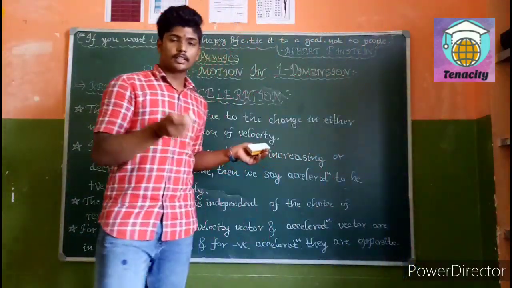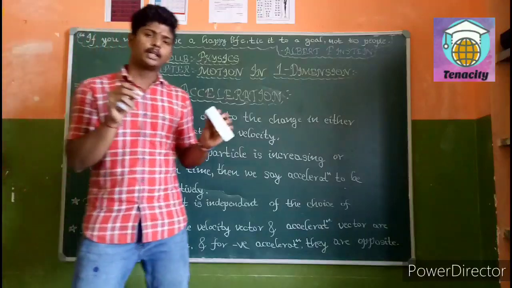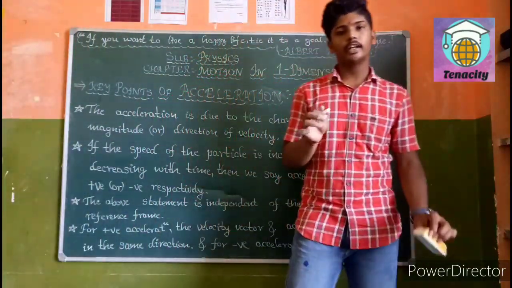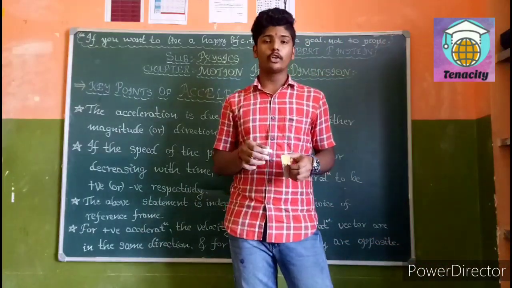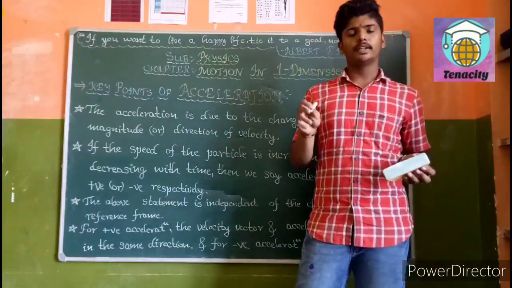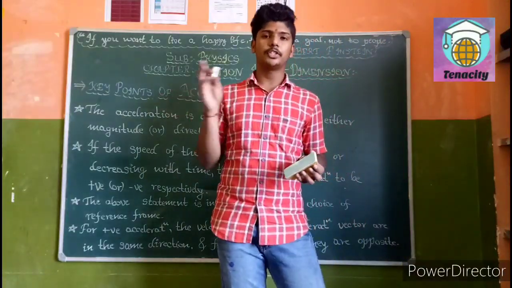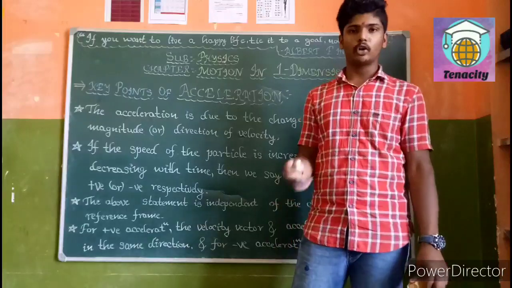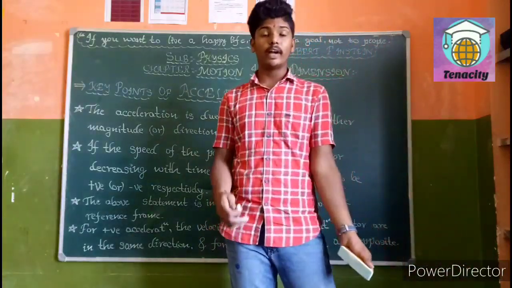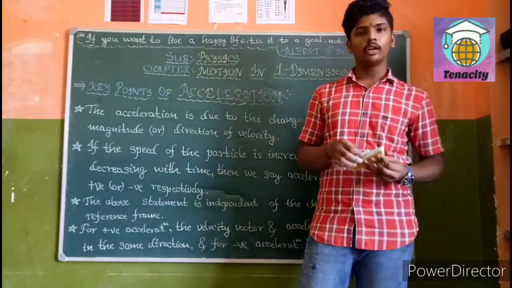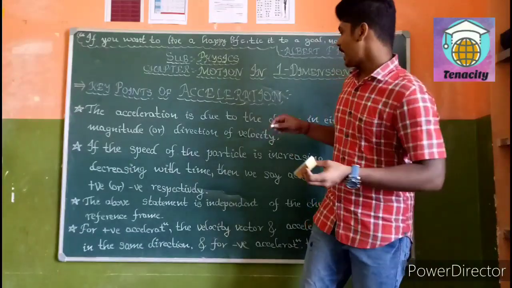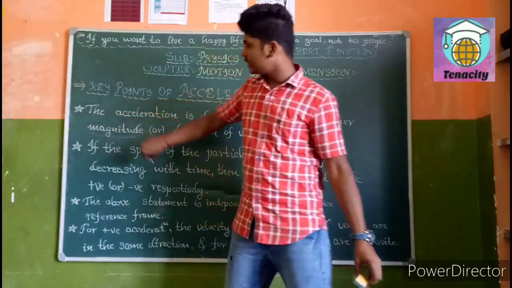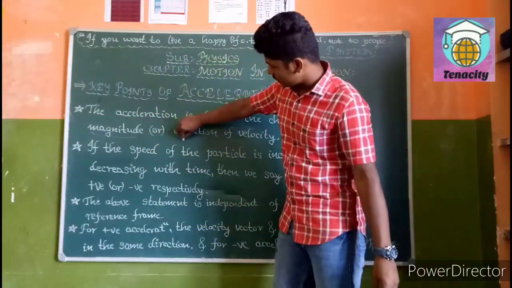As I said, in circular motion, when the particle is traveling with the same magnitude of velocity, 2 meter per second, the direction keeps on changing. So when the direction keeps on changing, the acceleration must also change, because it is a vector quantity which depends on direction and also on changing magnitude. I have given examples related to this too.